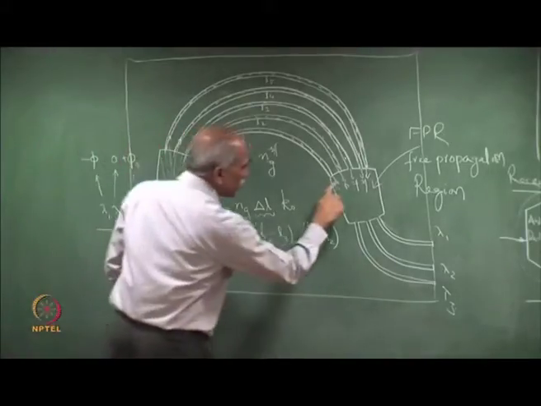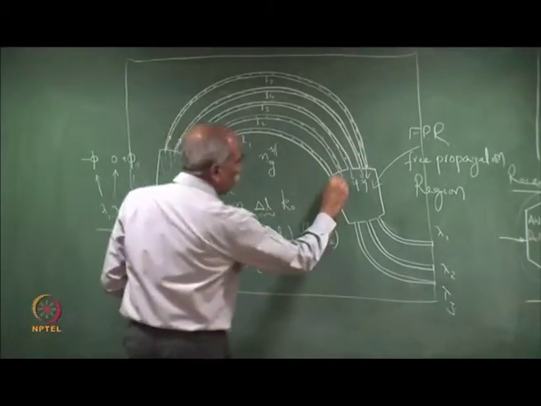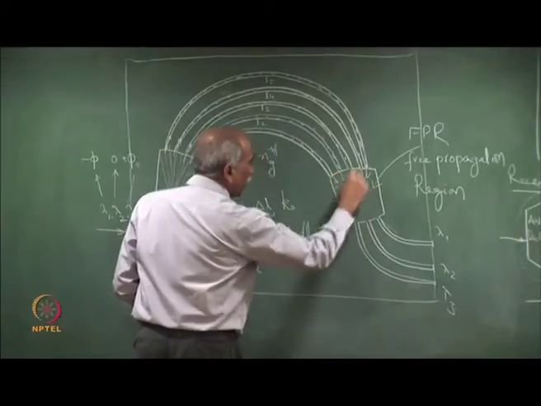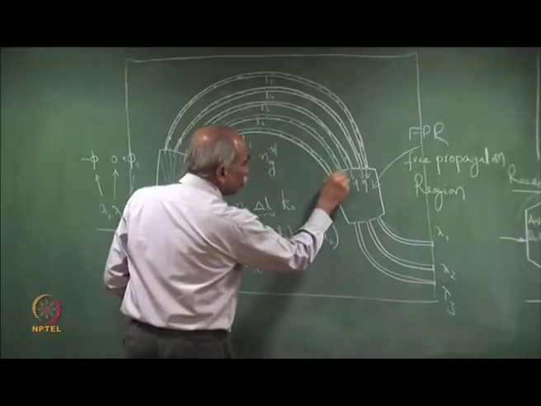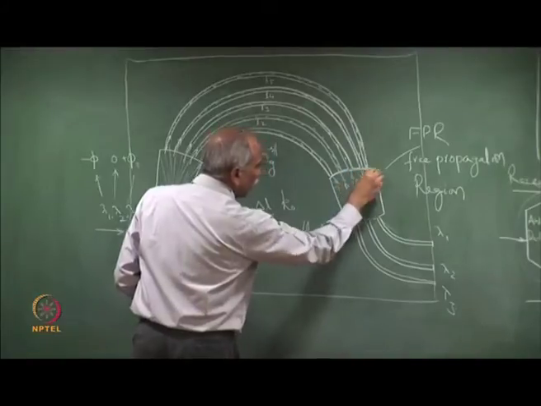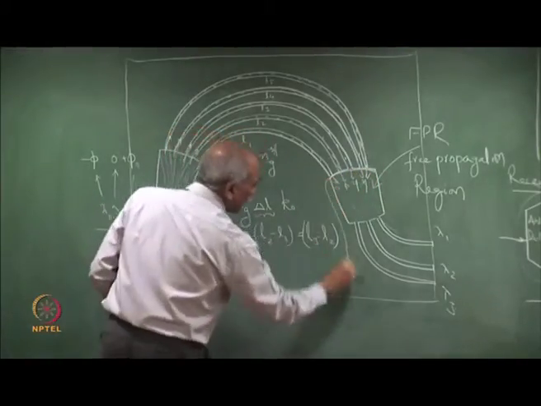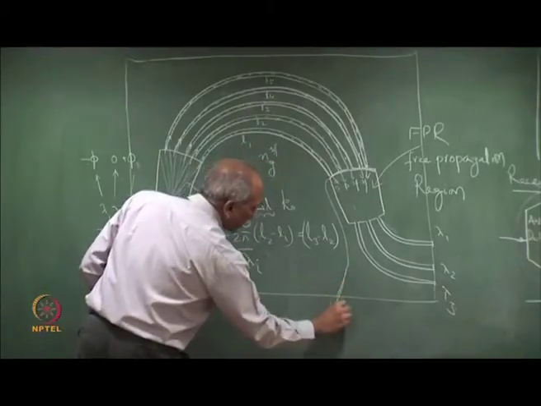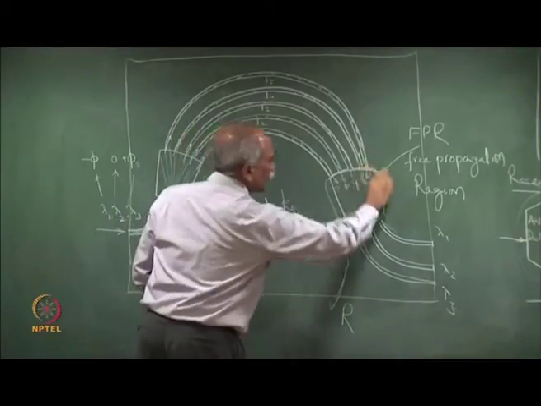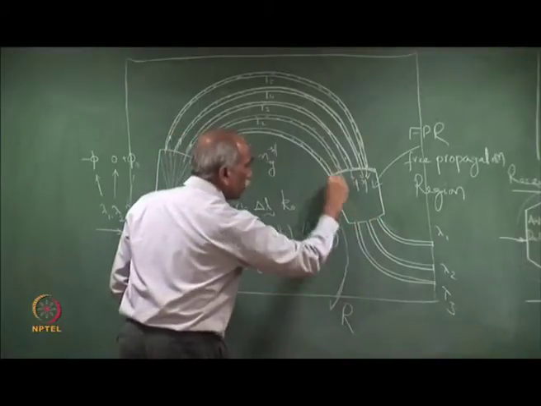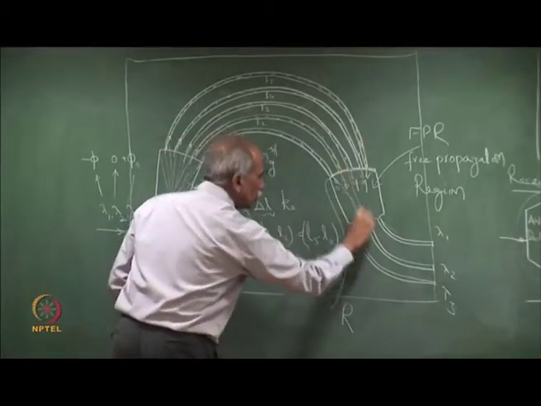If the phase difference is 0, then all these waves, when they propagate, because they are situated on an arc of certain chosen radius, there is a radius r here, so that all of them focus to this wavelength.